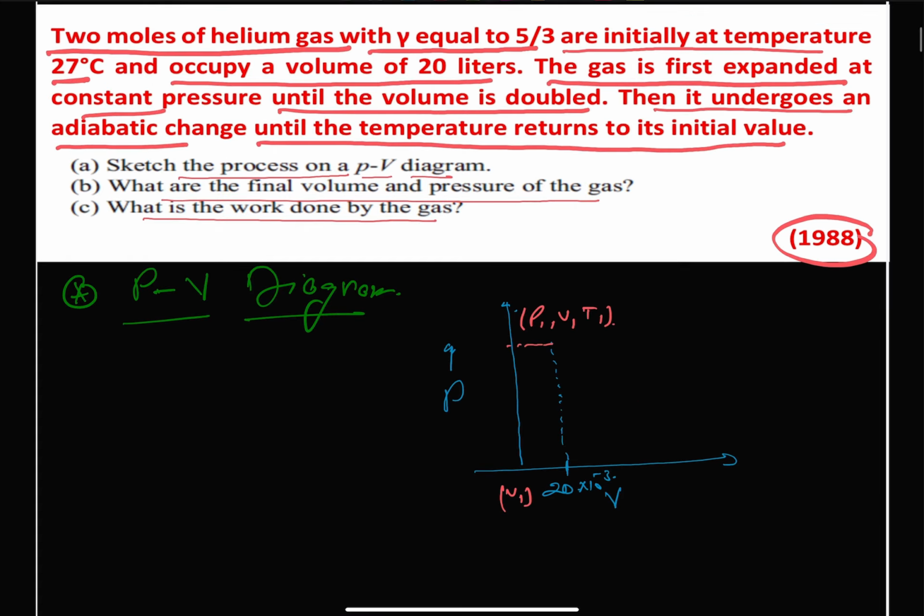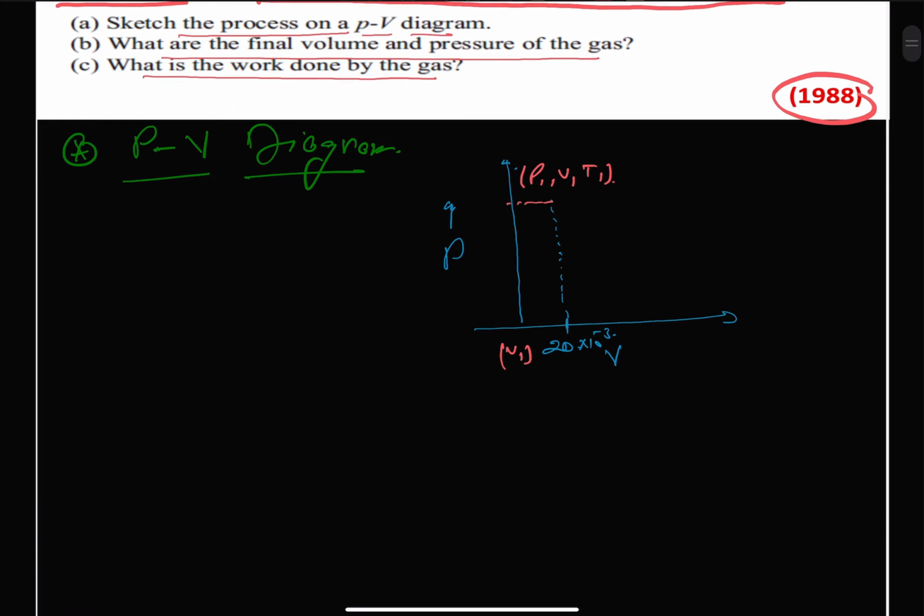Then it is expanded at constant pressure, and the volume becomes doubled. So for constant pressure, we can just extend it, and the volume becomes double, that is 40 into 10 to the power minus 3.